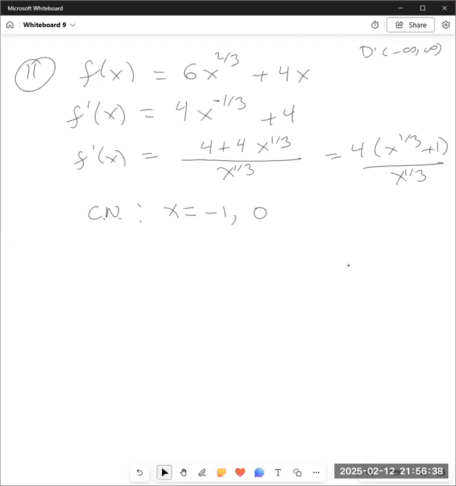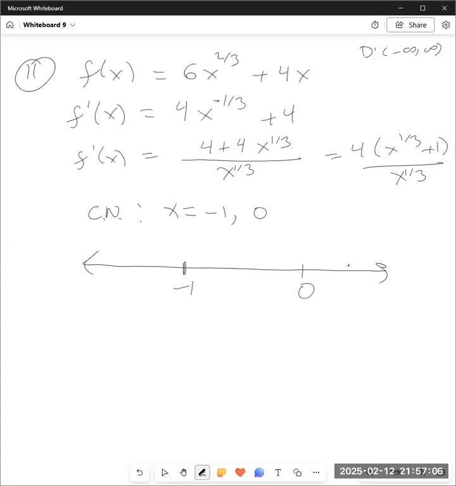So when that happens, let's go ahead and just use the first derivative test here. I don't really care for the second derivative test where I'd have to use the quotient rule here. -1 and 0. When I stick in a number less than -1, let's stick in, for instance, a -8.